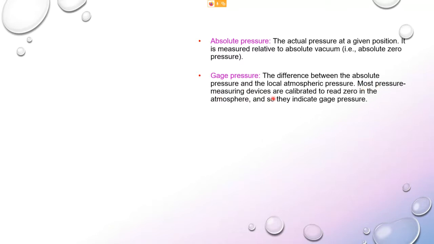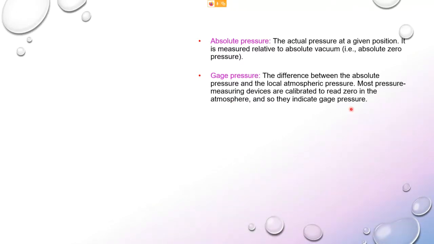Most pressure measuring devices are calibrated to read zero in the atmosphere. Remember this point here. Most pressure measuring devices are calibrated to read zero in the atmosphere, and so they indicate gauge pressure.